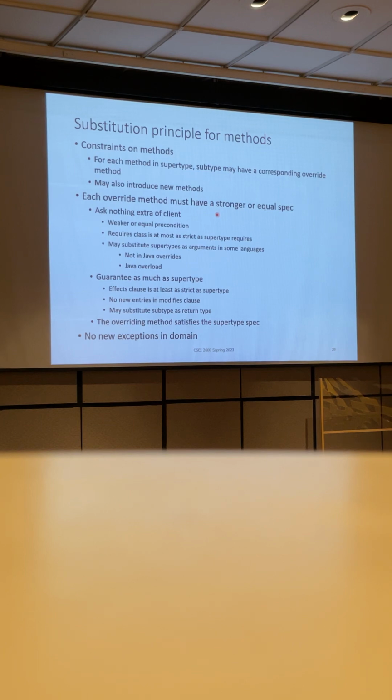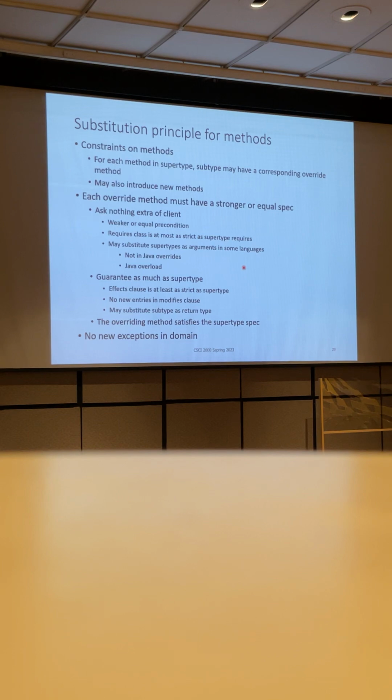We may substitute supertypes as arguments in some languages. Again, this is contravariance. It's allowed in some languages, just not in Java. Then when we override, we have to guarantee as much as the supertype guarantees. So the effects clause has to be at least as strict as the effects clause in the supertype.